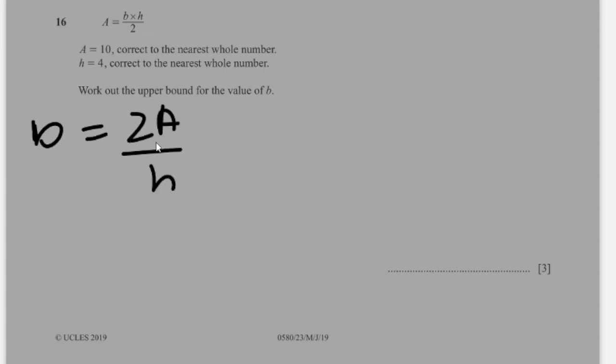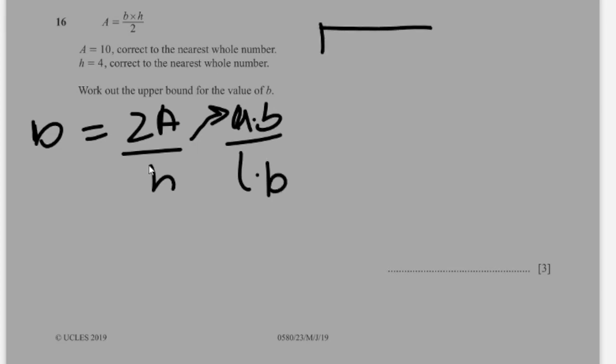Now as you can see over here, this is a division, so we'll need to have a in the form of its upper bound, and h as the lower bound, so we have upper bound divided by lower bound. The question states that they are all rounded to the nearest whole number. So halfway between 10 and 11 is 10.5, which is the upper bound.